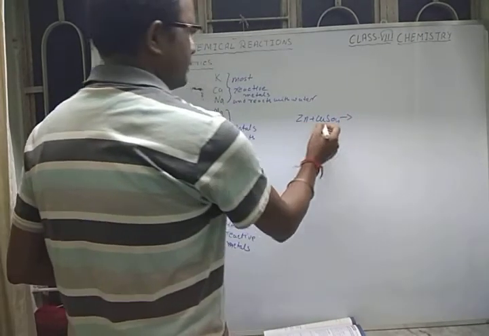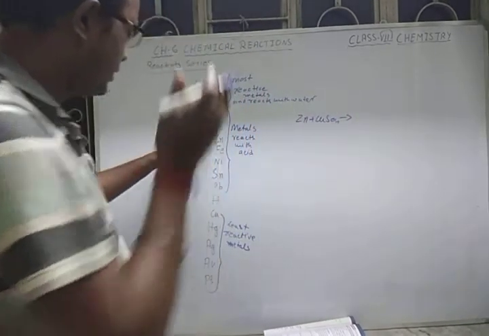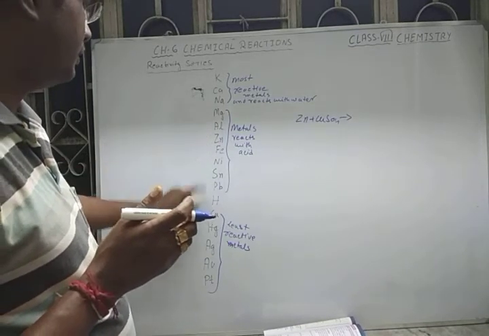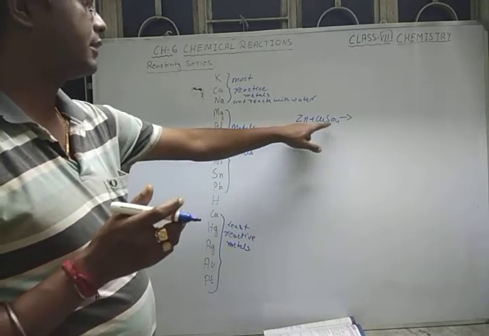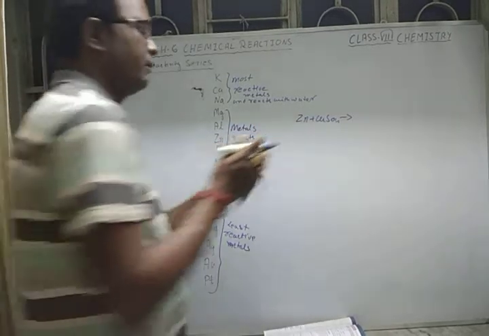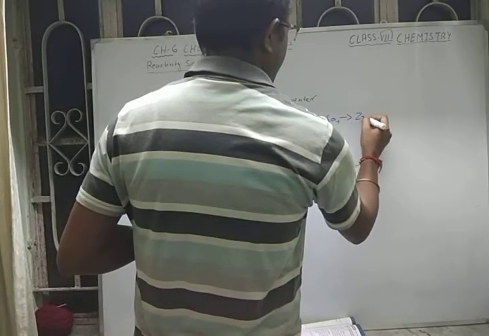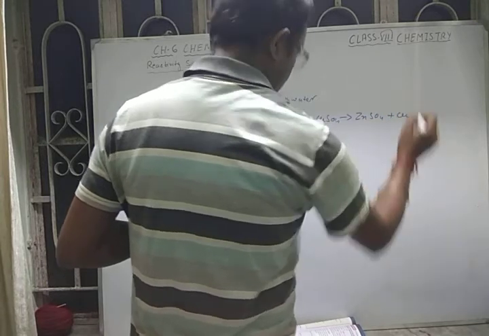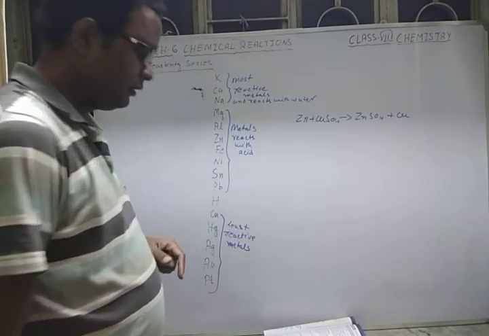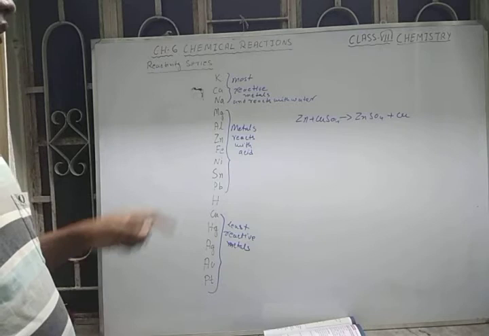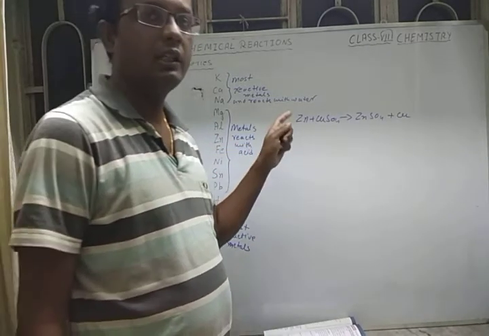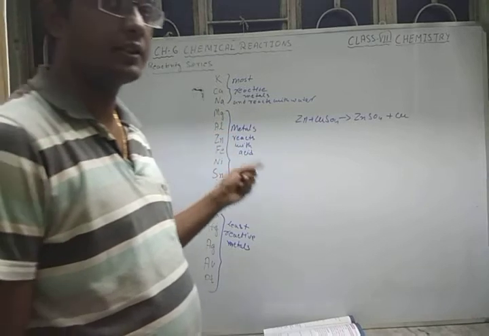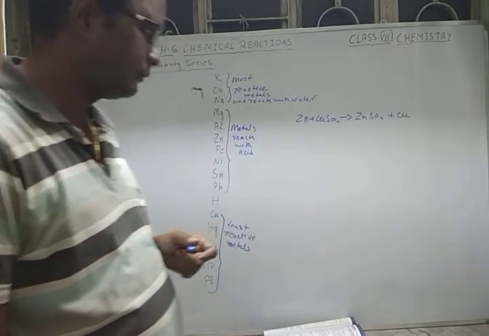Zinc is more reactive than copper, it is above copper, so zinc will displace copper to become ZnSO4 plus Cu. This reaction is also called a displacement reaction that I discussed in the last video class.